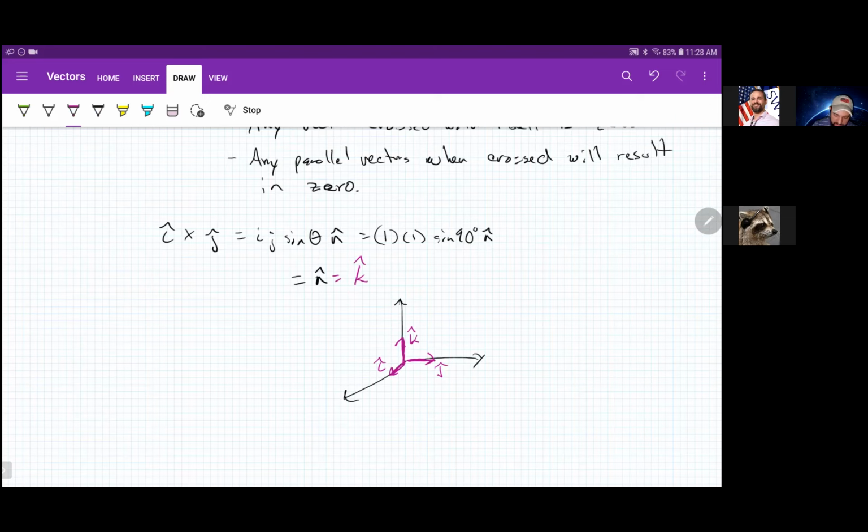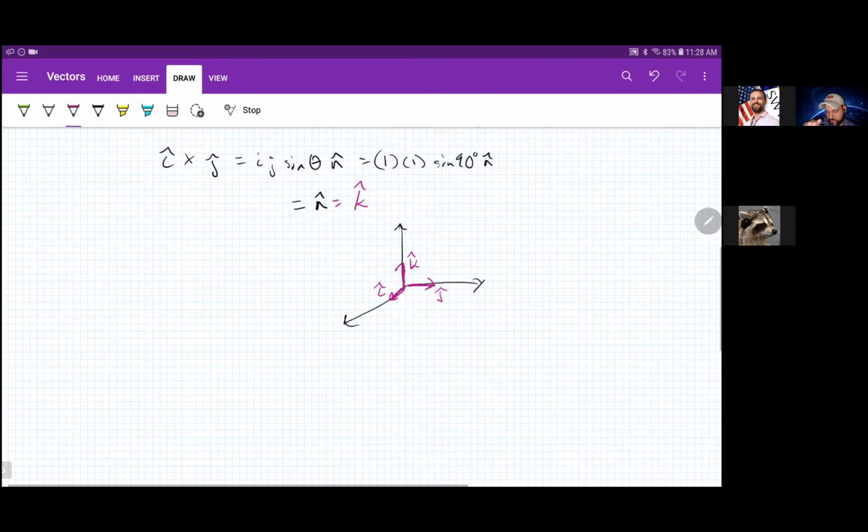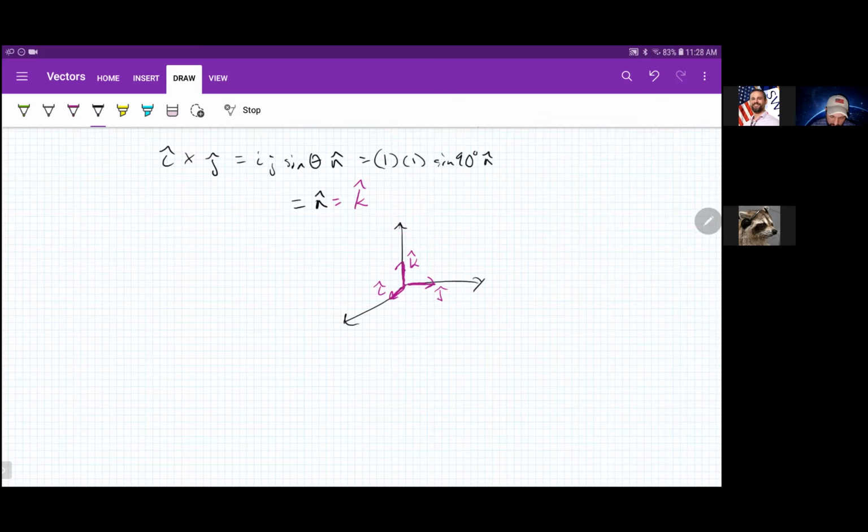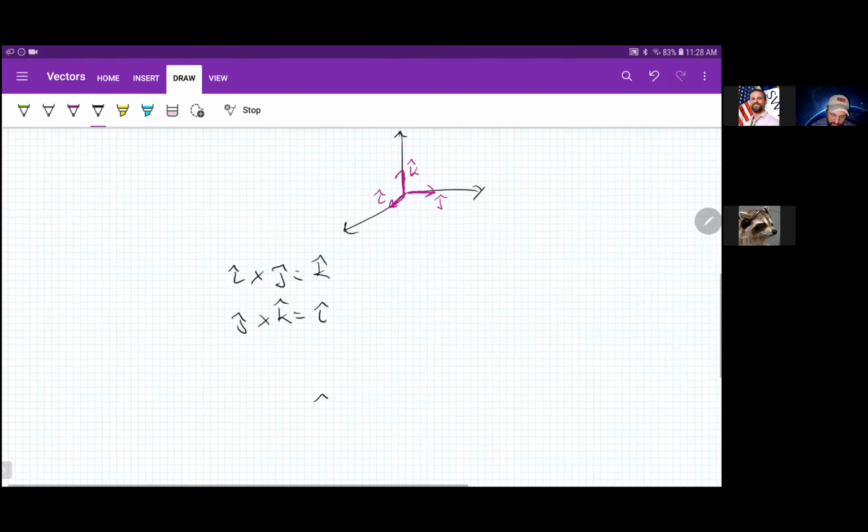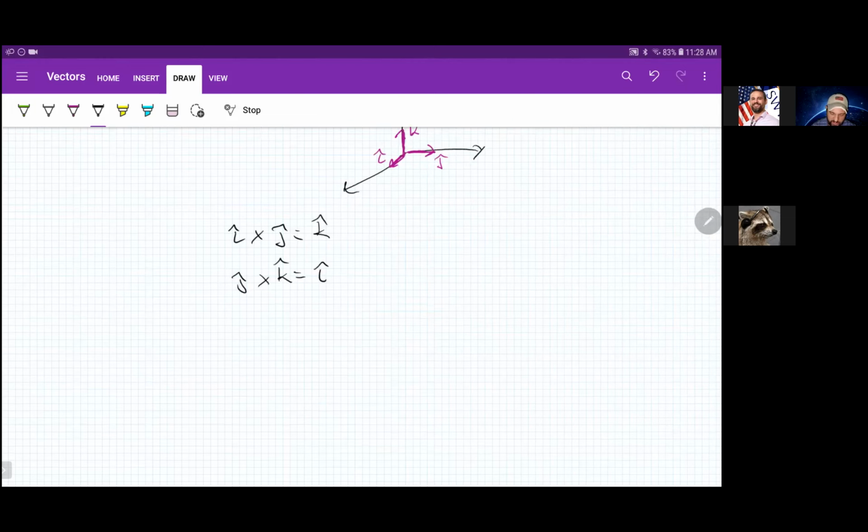So that tells us that i cross j, as long as we go in the direction of the alphabet and then back around, is going to equal k hat. j crossed k is going to equal i hat. And then k cross i is going to equal j hat. And we can go the other way around too.